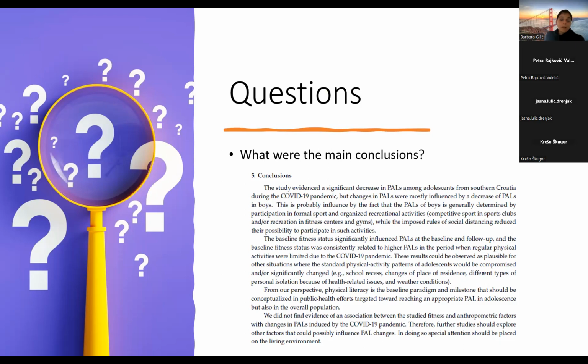We found that urban adolescents decreased their physical activity levels more than rural ones, because they had decreased opportunities to practice sports and other forms of physical activity. This is just one practical example of how you can build on your research. You conduct your initial research, and then you can develop more research questions and answers later on, as we did in our studies.